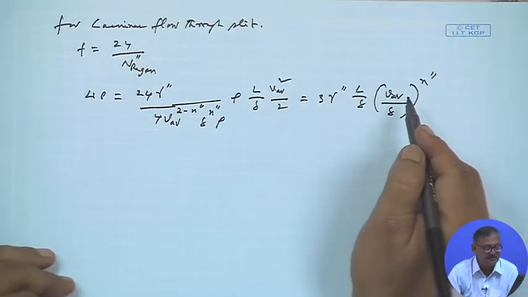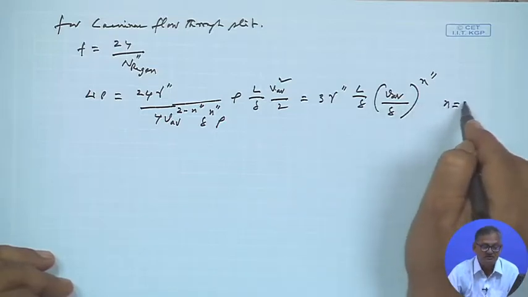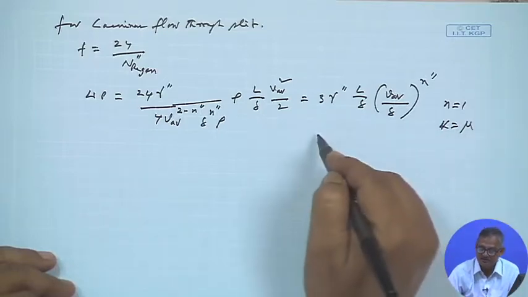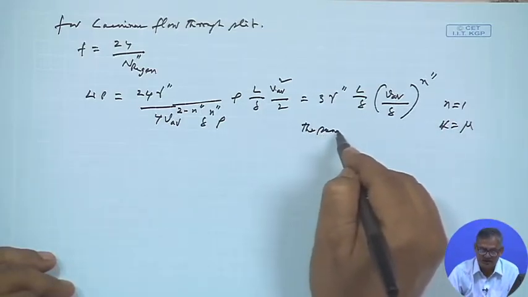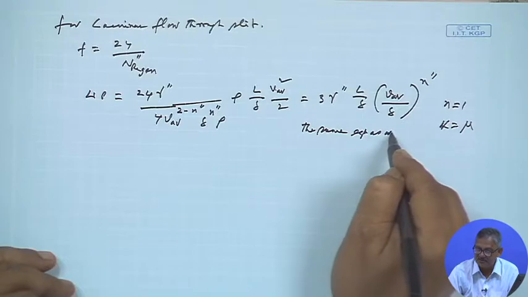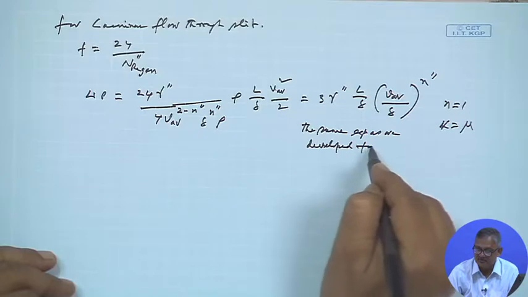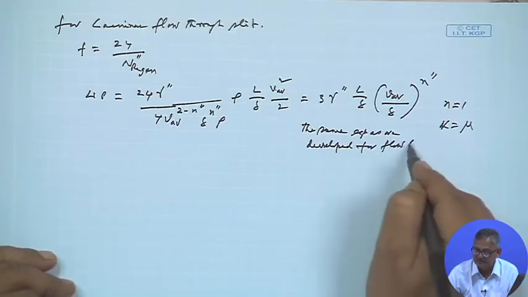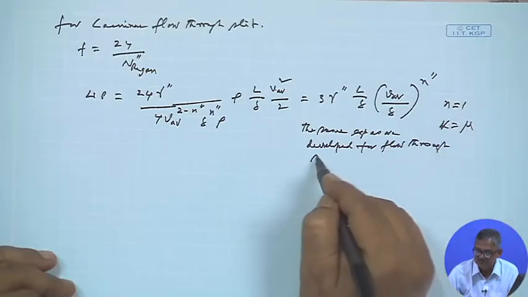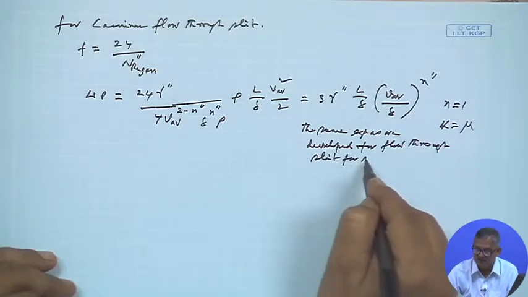Now this, if we substitute n is equal to 1 and k is equal to mu, then we get the same equation as we developed for flow through a slit for Newtonian fluids.